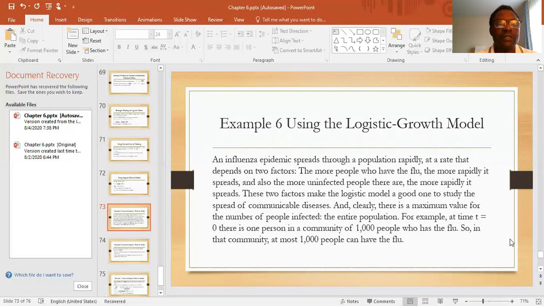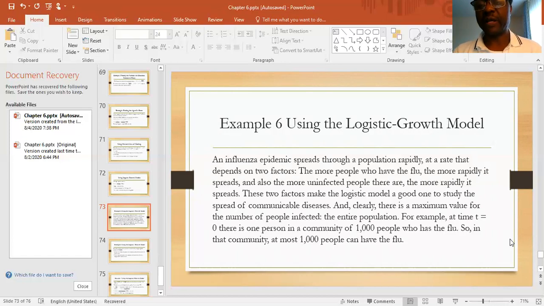Example 6. An influenza epidemic spreads through a population rapidly at a rate that depends on two factors. The more people who have the flu, the more rapidly it spreads. And also, the more uninfected people there are, the more rapidly it spreads.